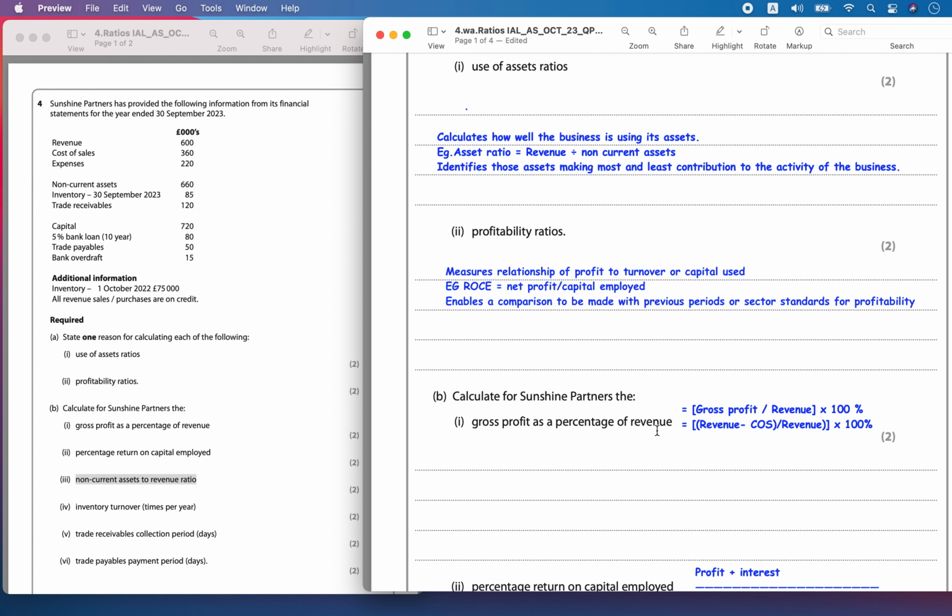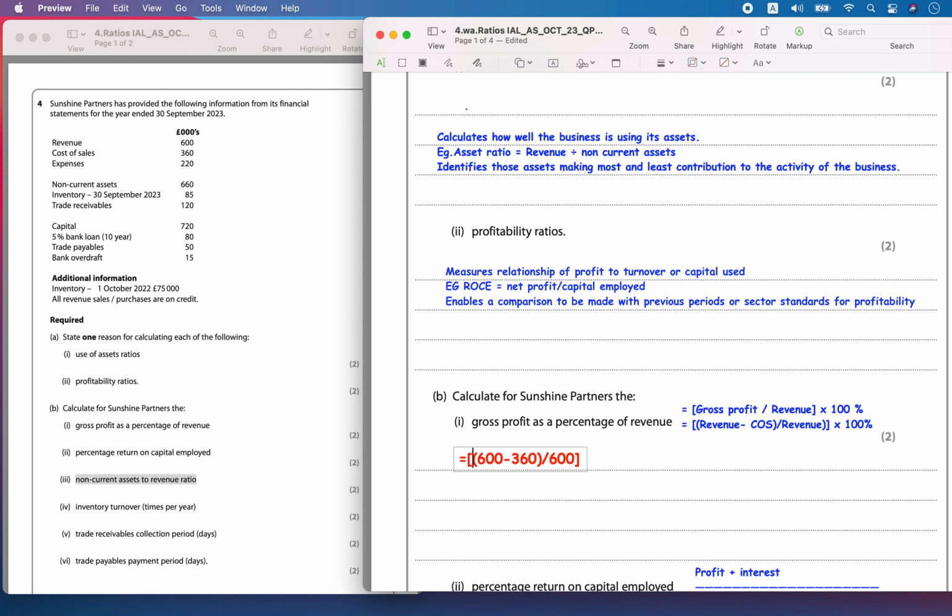Sunshine Partners, the gross profit as a percentage of revenue. So let's calculate. The formula is gross profit over revenue times 100. Gross profit is equal to revenue minus cost of sales over revenue times 100. Revenue is 600, minus the cost of sales, which is 360, over revenue.